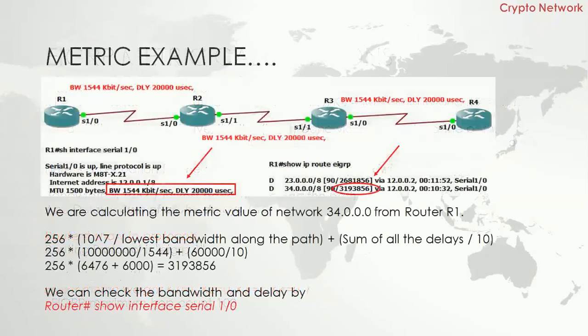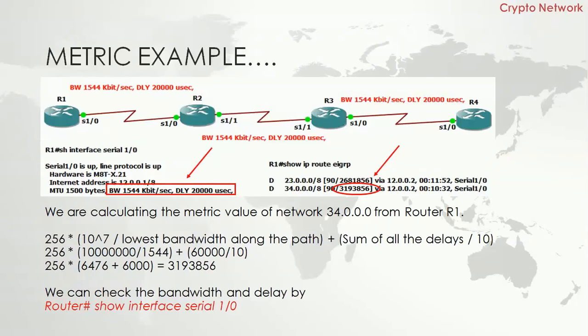All right, so here we have one example. The metric along the path to the destination 34.0.0.0 network can be calculated. We can verify the bandwidth and delay with the command show interface, the interface number.